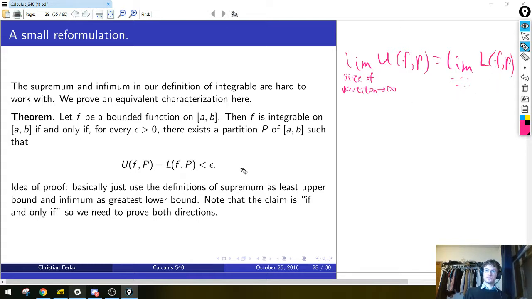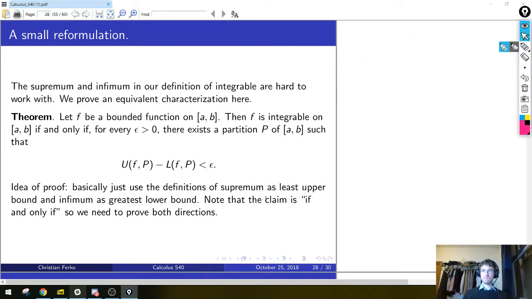That's a different characterization. This is nicer because I don't have to define what I mean by size of partition, but if you like, inside your head for intuition, you could think this definition is just saying that, as my partition gets super fine, the upper sums approach the same value as the lower sums, and that value they approach is the integral.